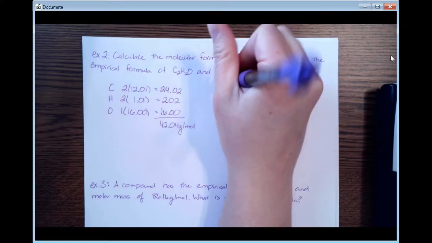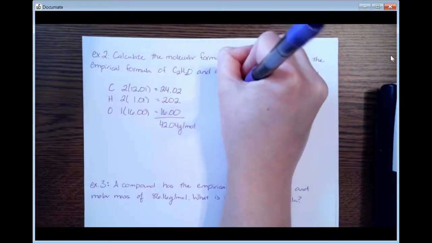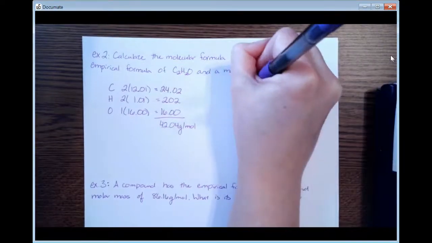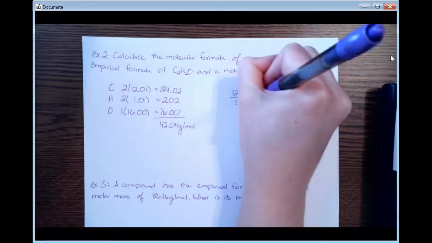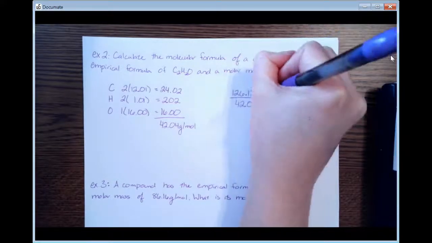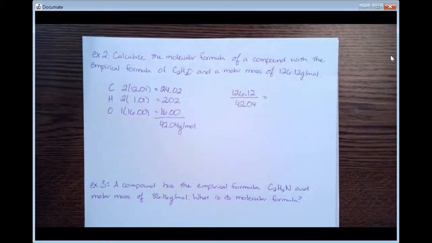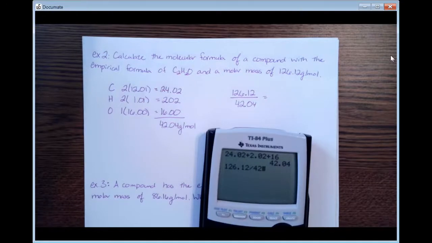So we're going to take the molar mass of the molecular formula, and that's always the thing that's given to you, and we're going to divide it by the one that you calculate, so 42.04. So if I put that into my calculator, 126.12 divided by 42.04, that gives me exactly 3.